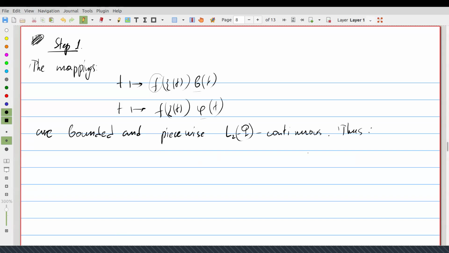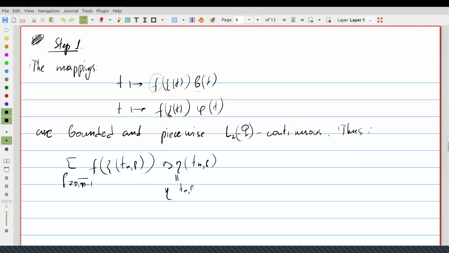Thus, the sum from k equals 0 to n minus 1 of f psi t_nk, delta eta t_nk. I will use this notation repeatedly in different contexts, where delta means that we calculate this difference.